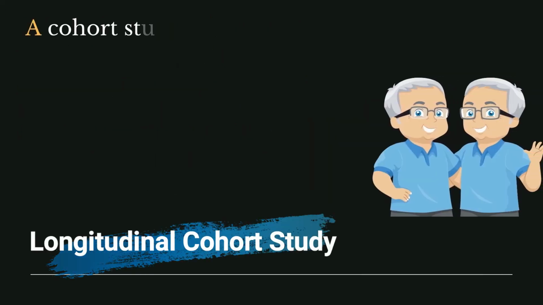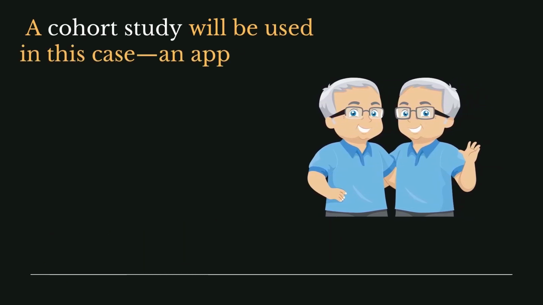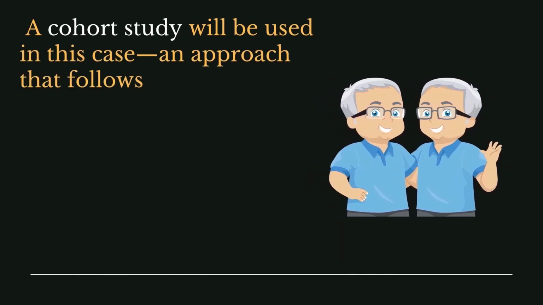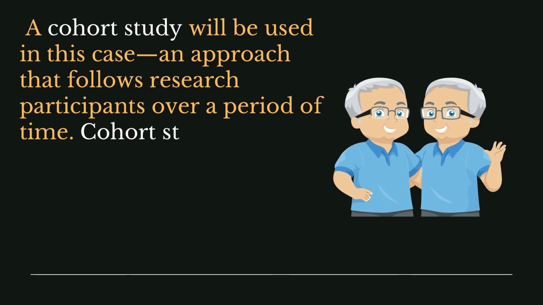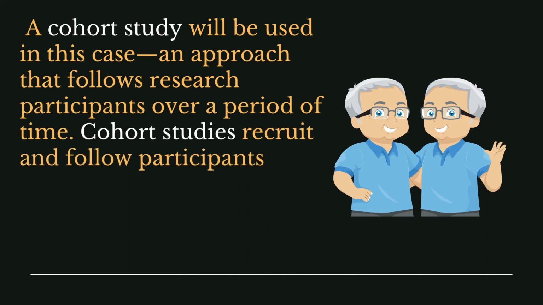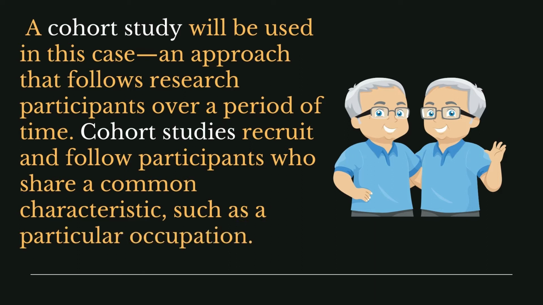To address this problem statement, a longitudinal cohort study will be used. This is an approach that follows research participants over a period of time. Cohort studies recruit and follow participants who share a common characteristic, such as a particular occupation or demographic characteristics. The same people are studied over different times.